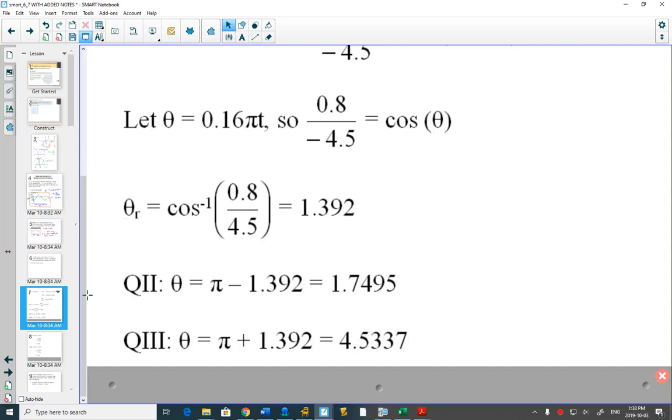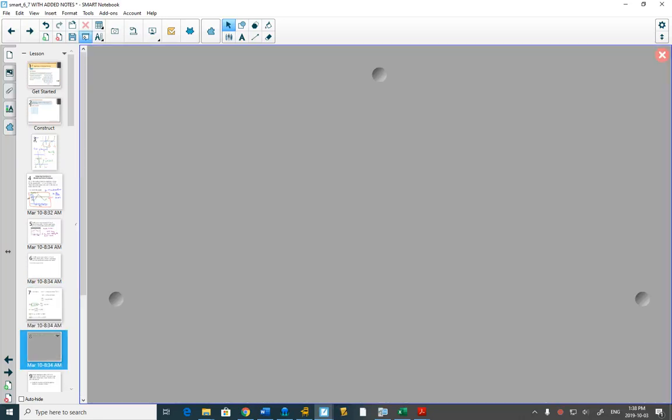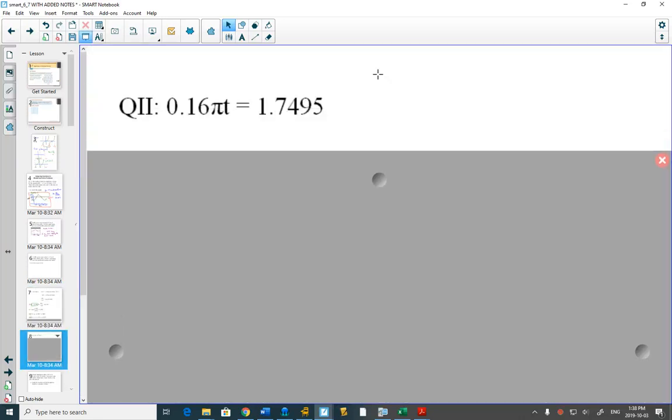Okay? A little reminder, what did we do? We had made theta actually equal to this. And we still want to find t. So now instead of saying theta equals 1.7495, we can say 0.16 pi t is equal to 1.7495.